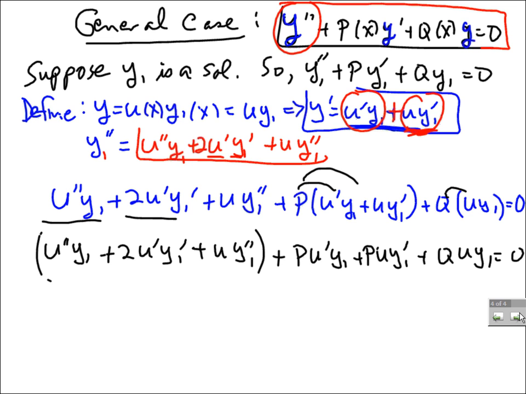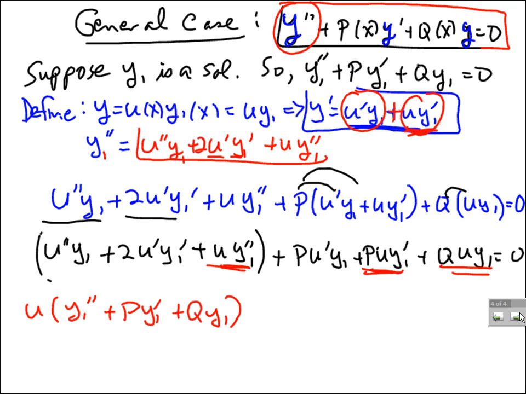But what I'm going to do now is combine the terms that just have u's, those three. So I have u times y1 double prime plus p times y1 prime plus the last one, which is q y1.